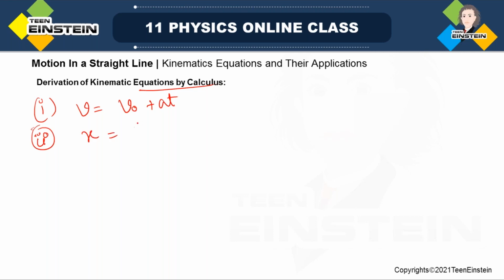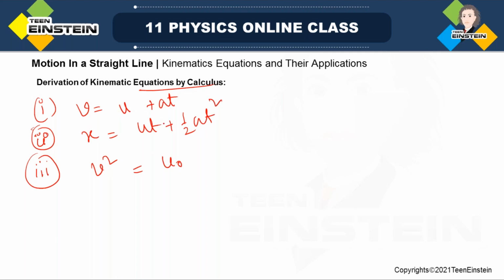Then x is ut plus half a t square, and the third equation is the final velocity square is equal to initial velocity square plus 2 a x. Okay, u and v, I'm just mixing up, so I'll remove this v0.